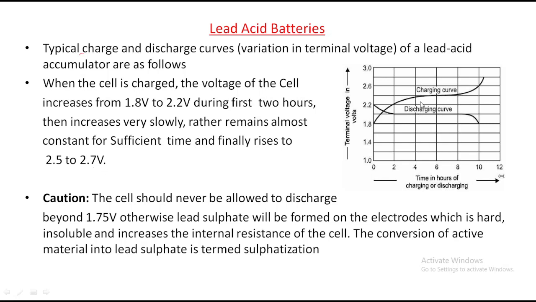From 2 to 10 hours, within 8 hours, it starts from 2.2 and reaches 2.7 or 2.8, 2.5 to 2.7. So that means it will take 8 hours to increase its terminal voltage from 2.2 to 2.7.